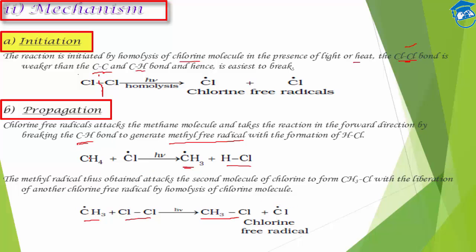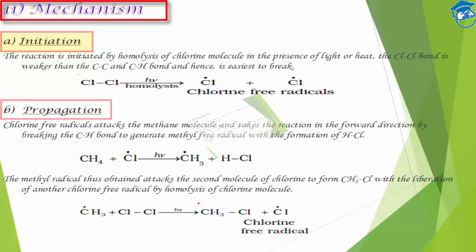This process can carry on, and such a chain reaction will lead to further substitution. Again this chlorine could attack this molecule, and again it will attack the chlorine molecule. So then 2 hydrogen atoms could be replaced, then 3, then 4.